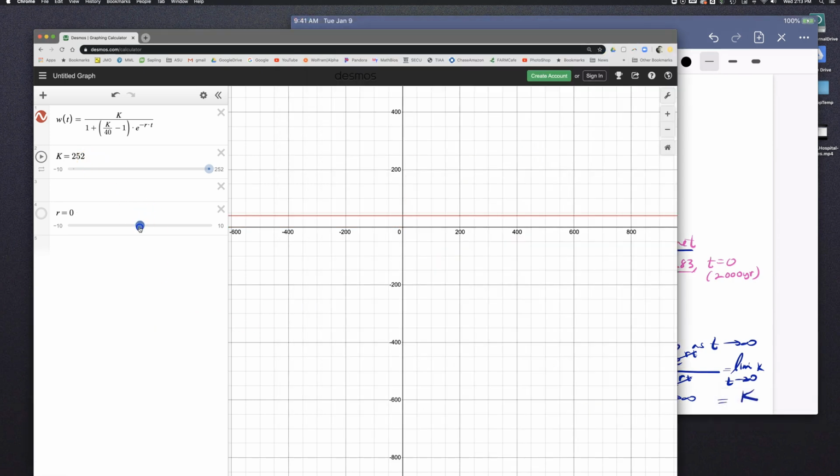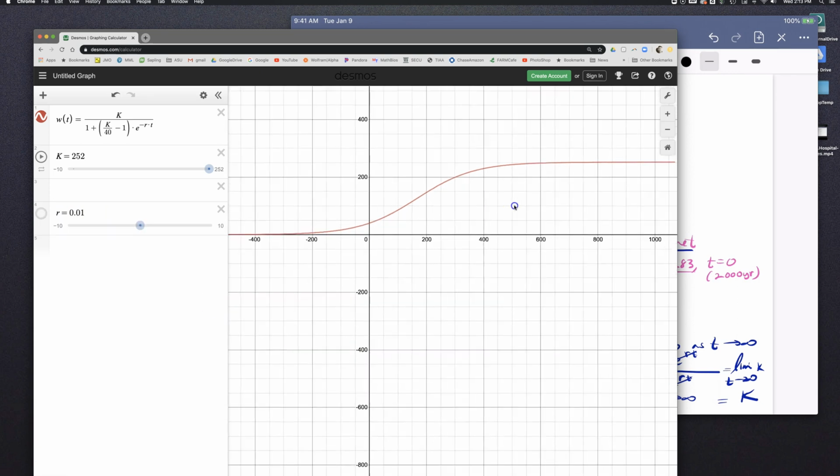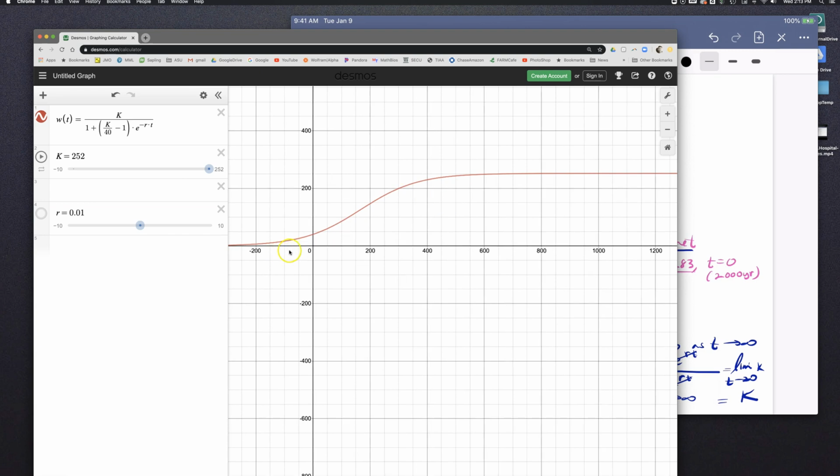Adjusting this r value controls how quickly it grows. If you make it a small number, 0.01, it will eventually get up to 252, but slowly, so the population isn't growing very fast. But the bigger the number, the quicker we get up to 252. And for this particular problem, r was equal to 0.283.